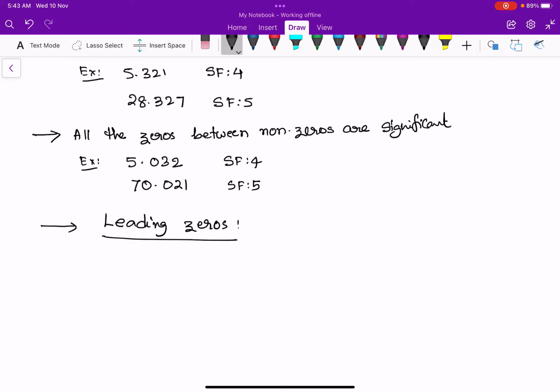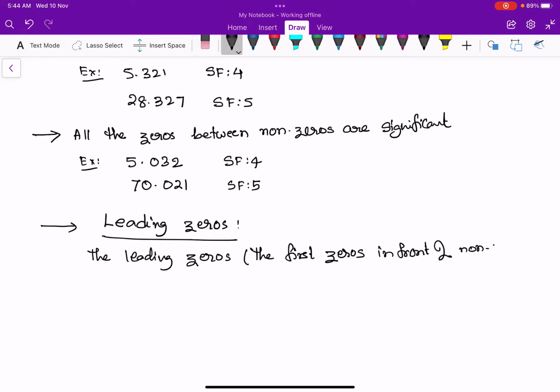Now for a number less than 1, the leading zeros, meaning the first zeros in front of a non-zero digit, are not considered or not significant.